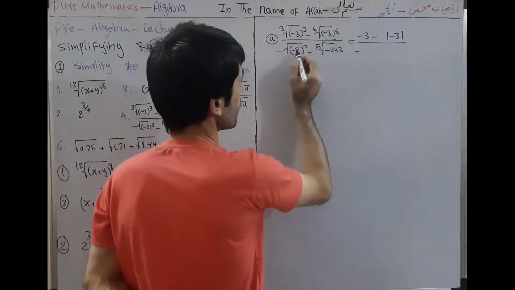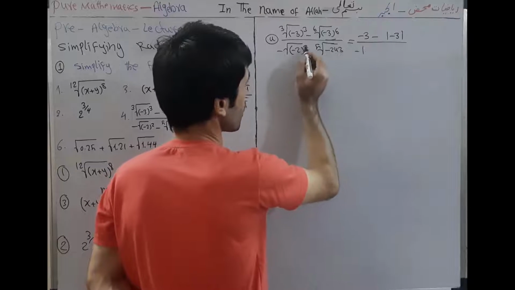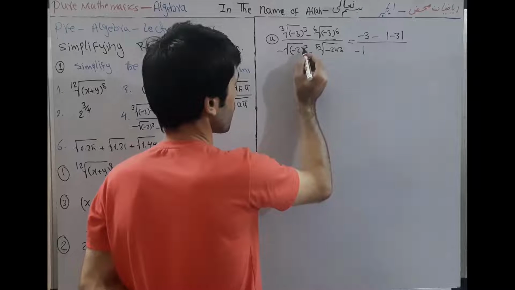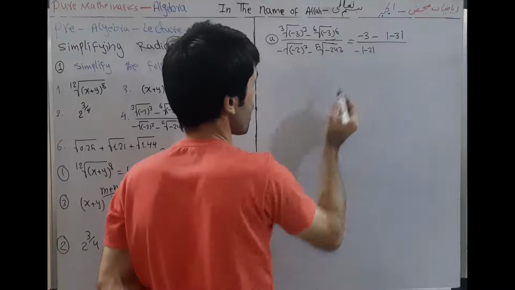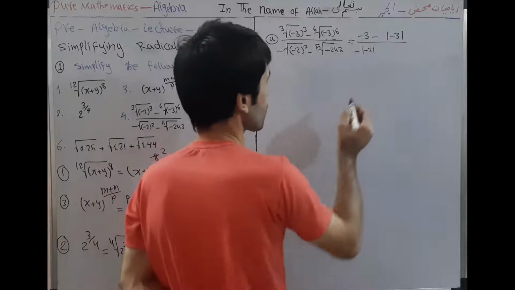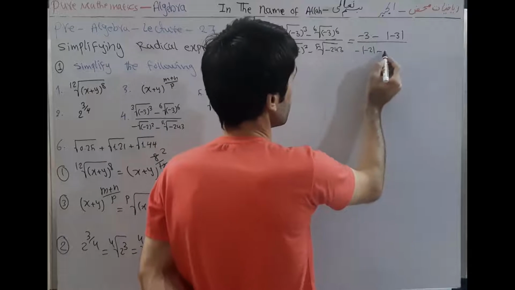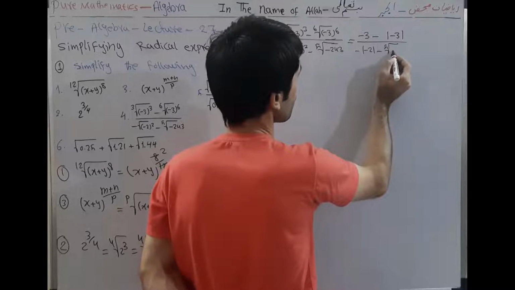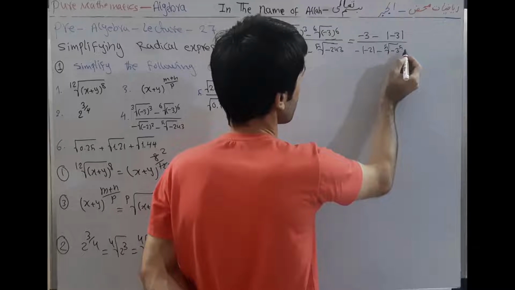Minus, here we have 2, which is an even integer, so we have to write minus the absolute value of minus 2. Minus, we can write the fifth root of (minus 3) whole to the power 5.